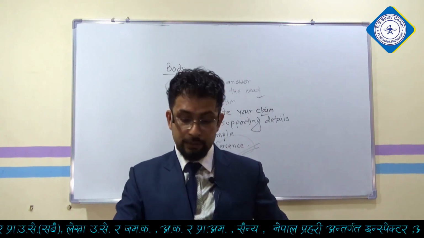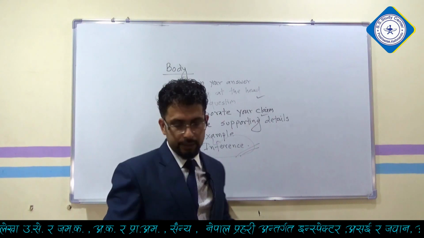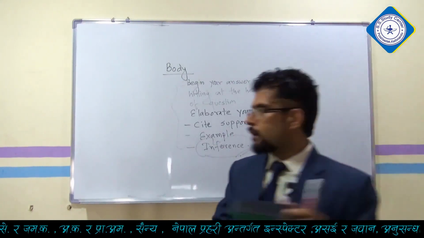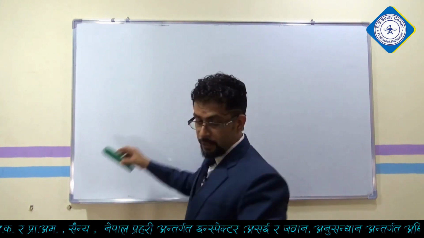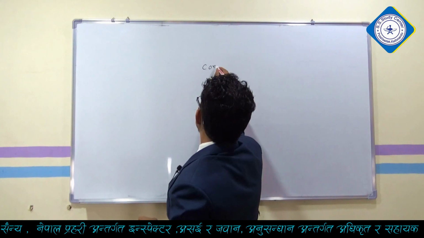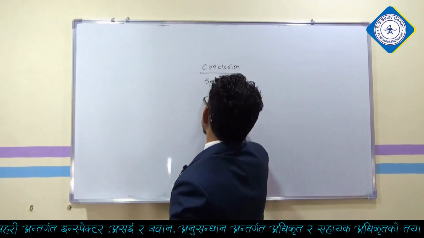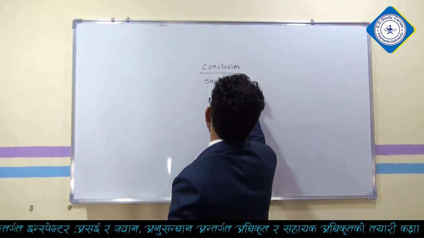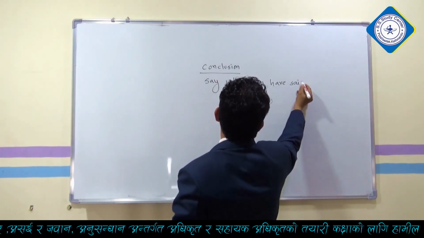Now conclusion, as you need to know what is conclusion. Let me write it over here. Conclusion, as I have already told you earlier, means to say what you have said.